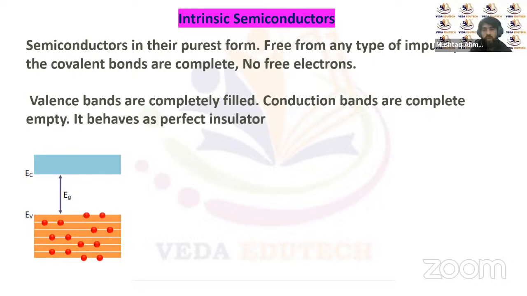Because of the thermal agitation, or thermal motion of the electrons upon increasing the temperature, bond breaking may take place between the atoms, and because of the breaking of the bonds, some electrons may become free and be available for conduction.